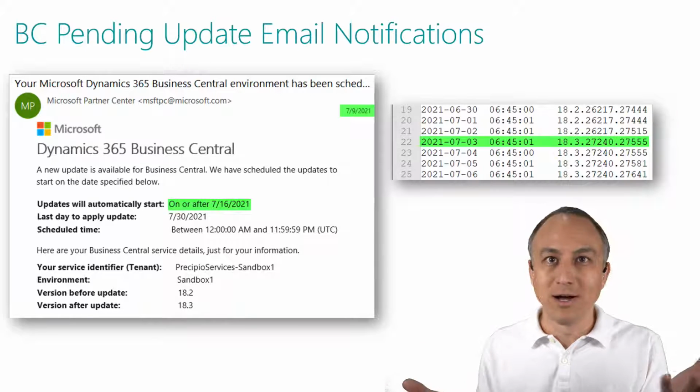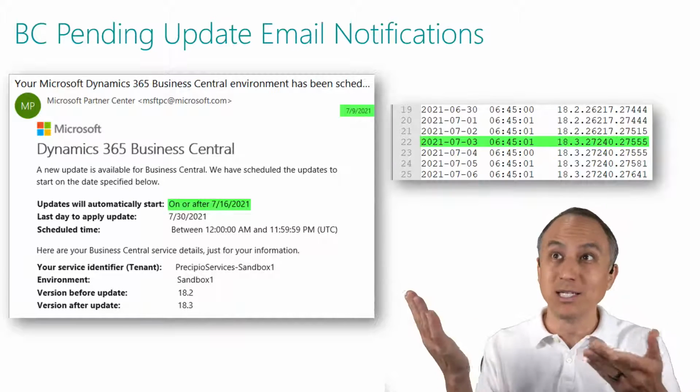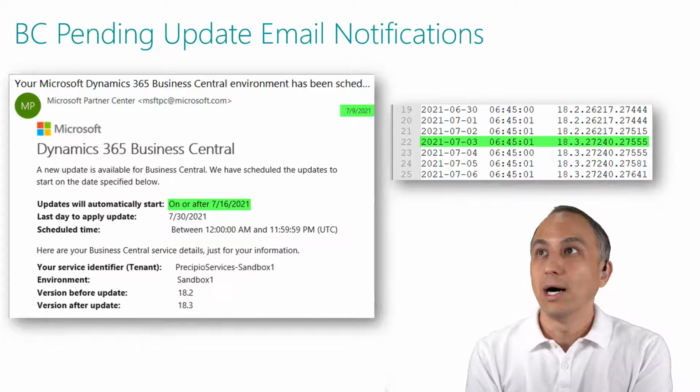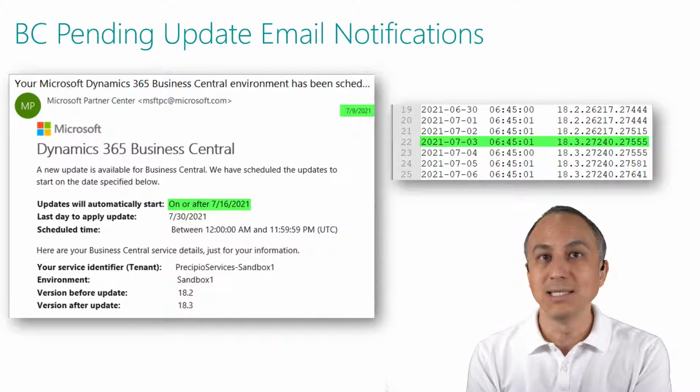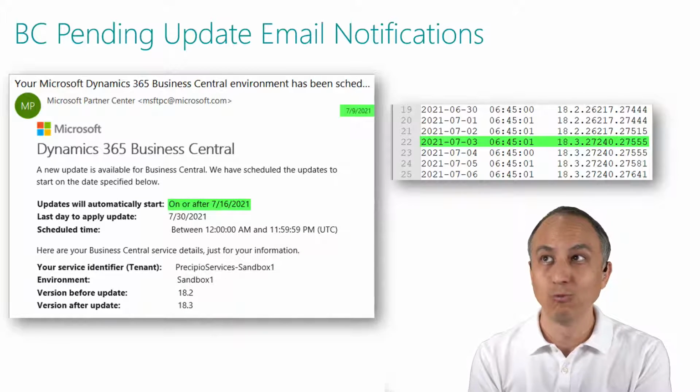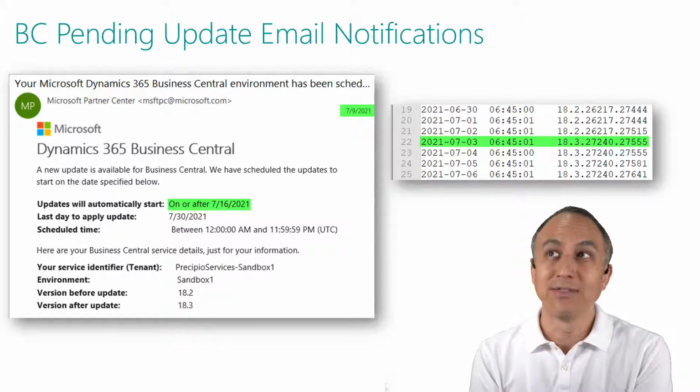If you're on the ball, you're not on vacation at the time, like I was at this time, you have 13 days. That's not unreasonable, but I wouldn't want to rely upon a 13-day window to upgrade business critical PTEs. I think that's too short.